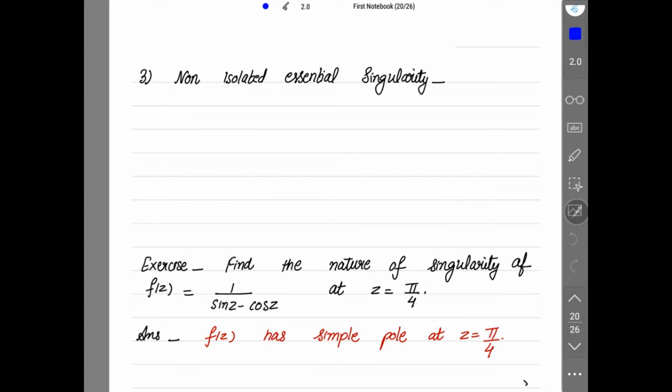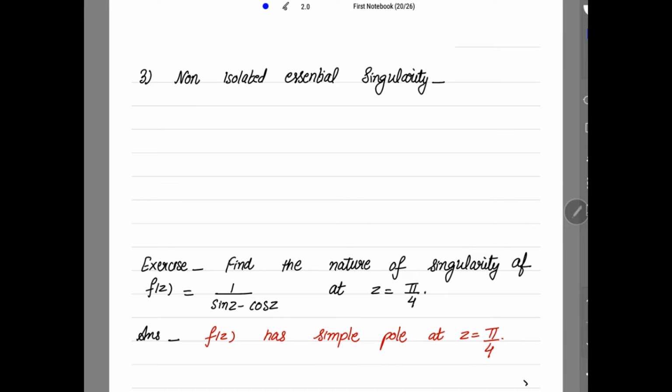Next, third, I have to check whether it is having a non-isolated essential singularity or not. For that, we have to go back to the theorem that in the remark we have studied. The limit point of a sequence of poles is your non-isolated essential singularity.